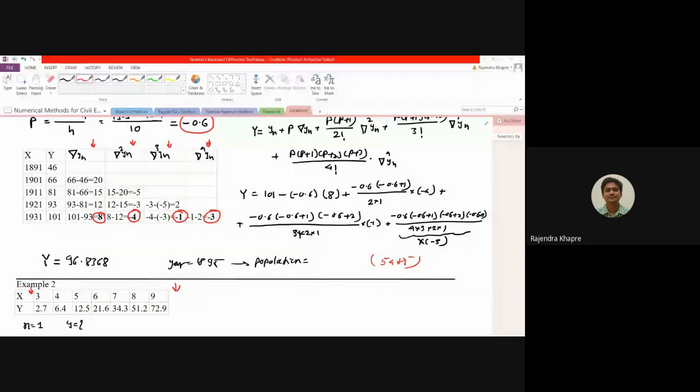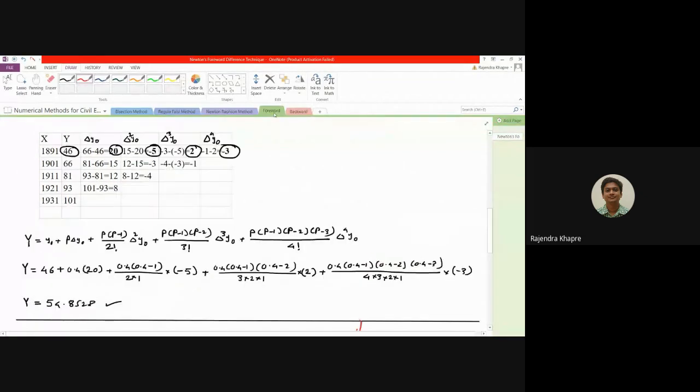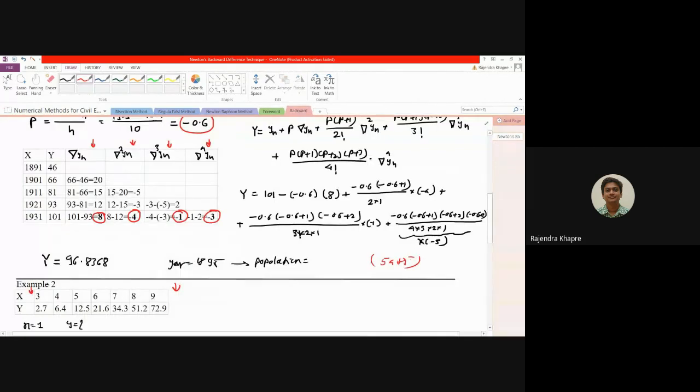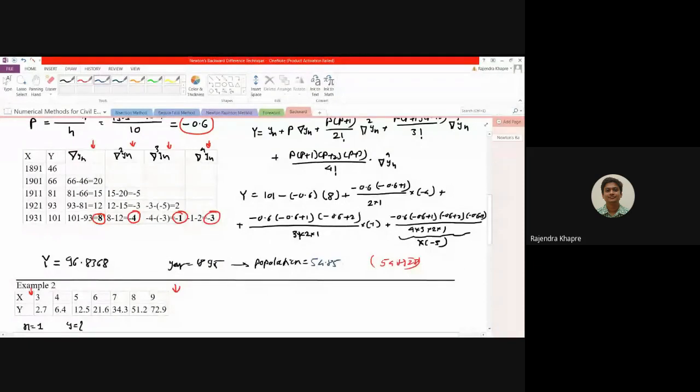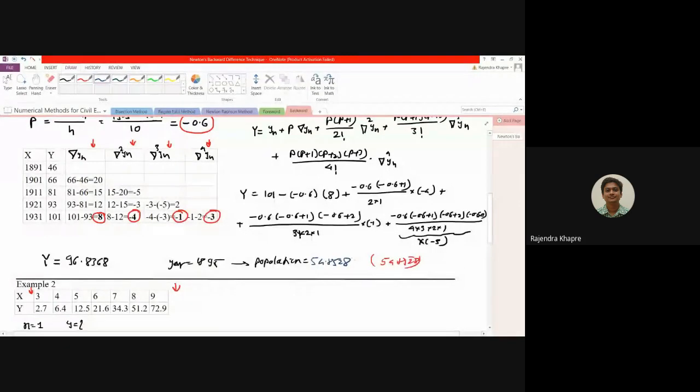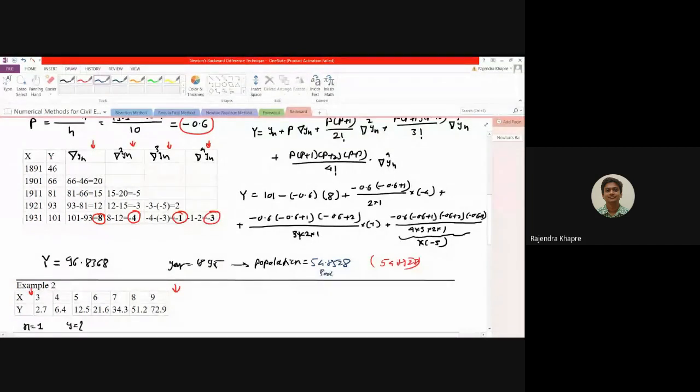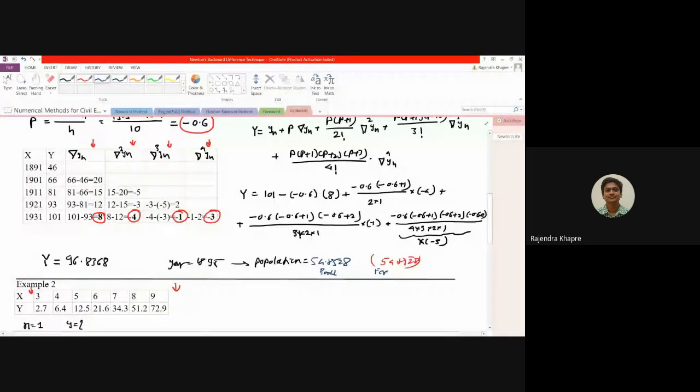Okay, that's great. Because if you see in the previous class, it was 54.8528. Is it the same value? So whether you use this method or that method, your answer is not different. That's why I have written this one with the backward and this one with the forward.